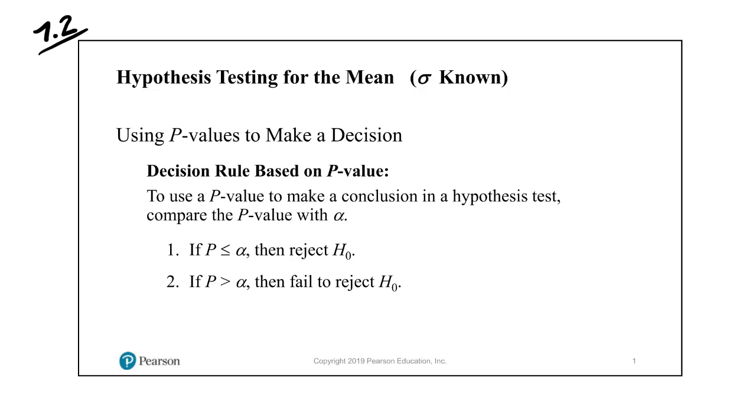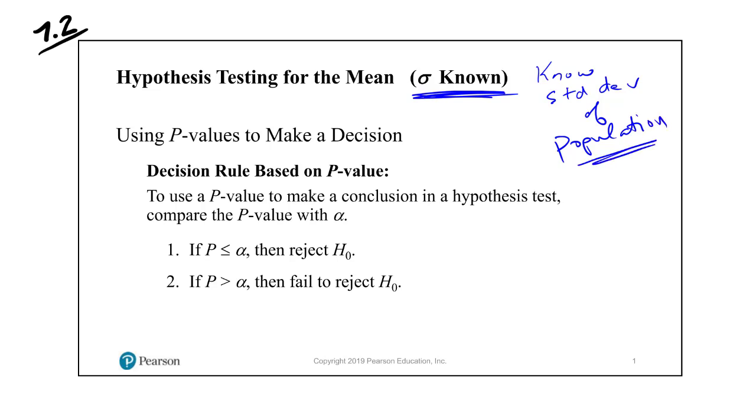The particular nature of this section is that we're going to be doing hypothesis testing for the mean, but when sigma is known. So we know the standard deviation of the population. That's the key in this section.